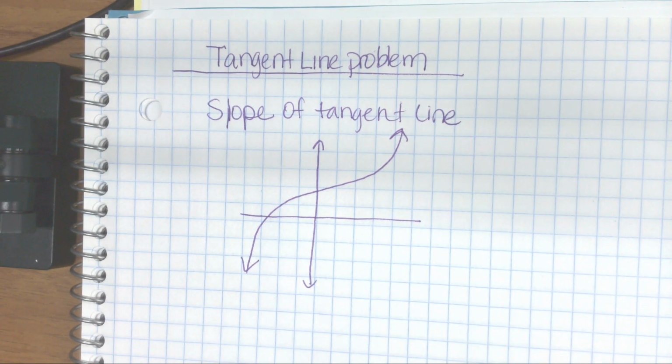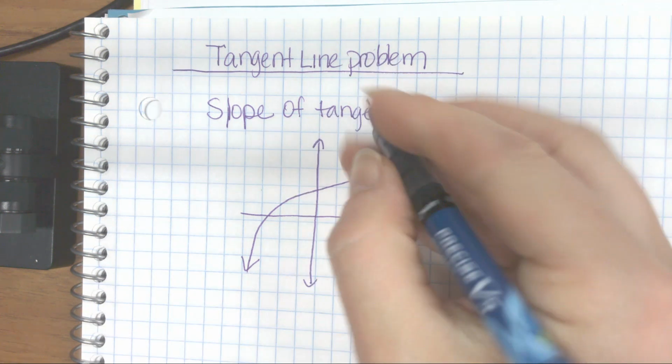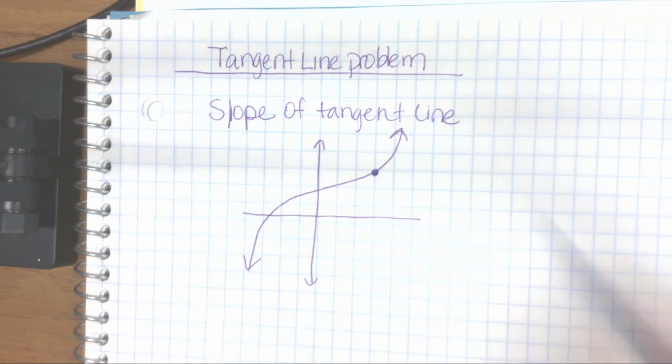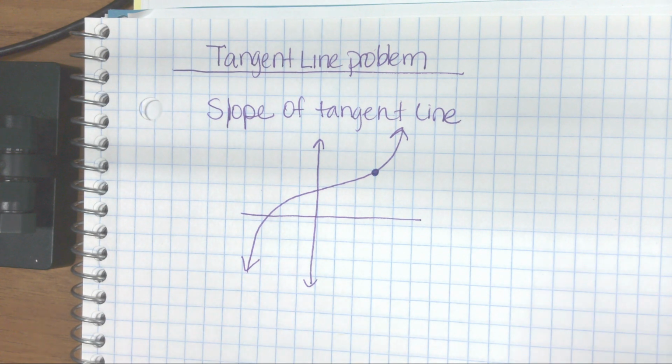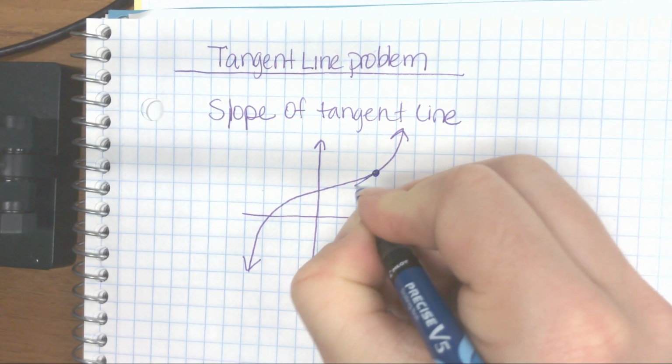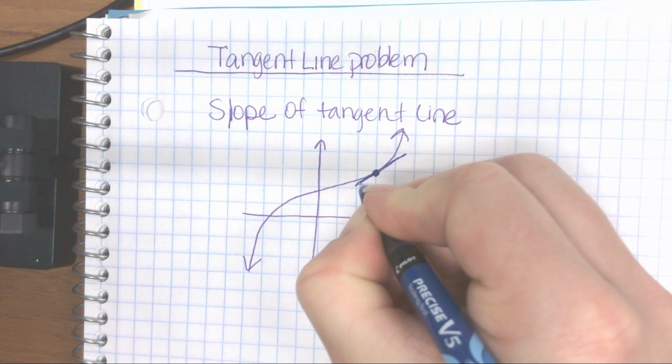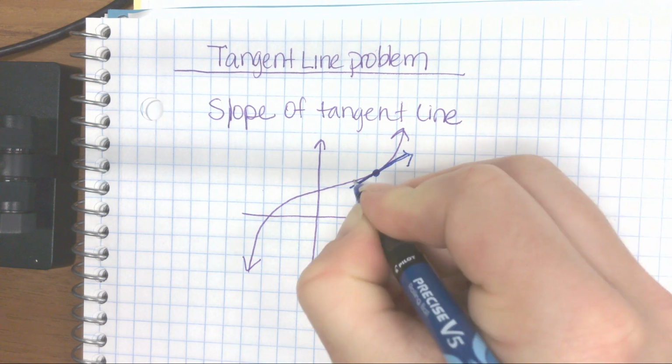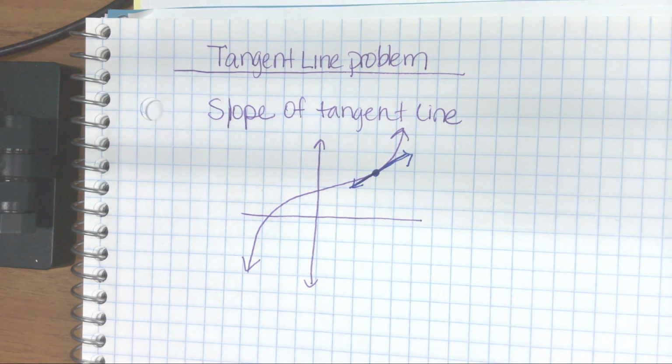And tangent lines at specific points, if I would make a point, let's say right over here, the tangent line is just a little line that nicks or just touches that curve at that point, okay?